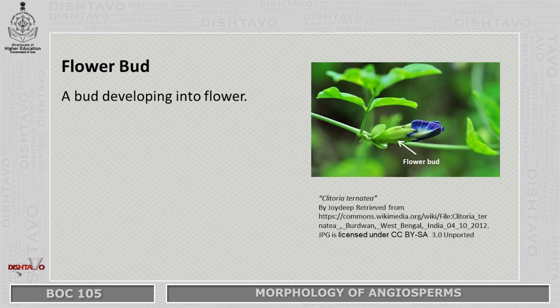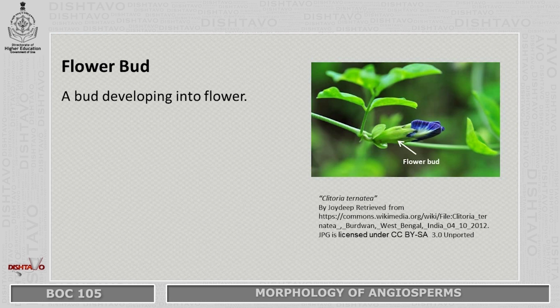Depending on the position, as I already mentioned, buds can be classified as axillary bud, accessory bud and adventitious bud, and if the axillary bud proliferates into a flower or inflorescence, it is referred to as flower bud.